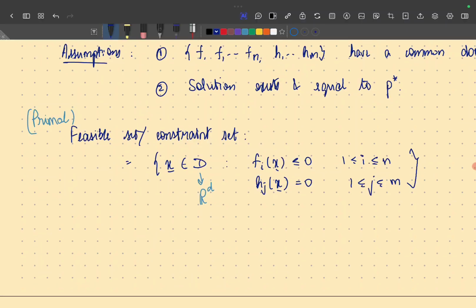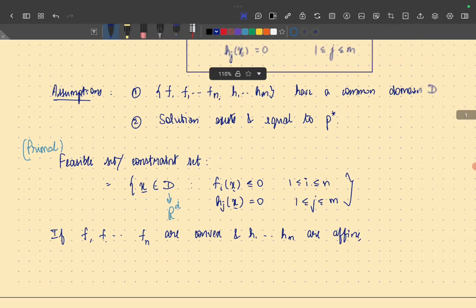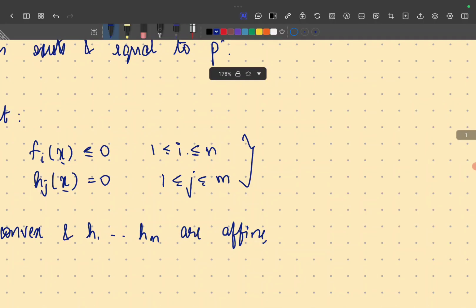If f, f1 up to fn, the objective function as well as the functions that define the inequality constraints, are all convex functions over D, and h1 through hm are affine, then the optimization problem is said to be convex.